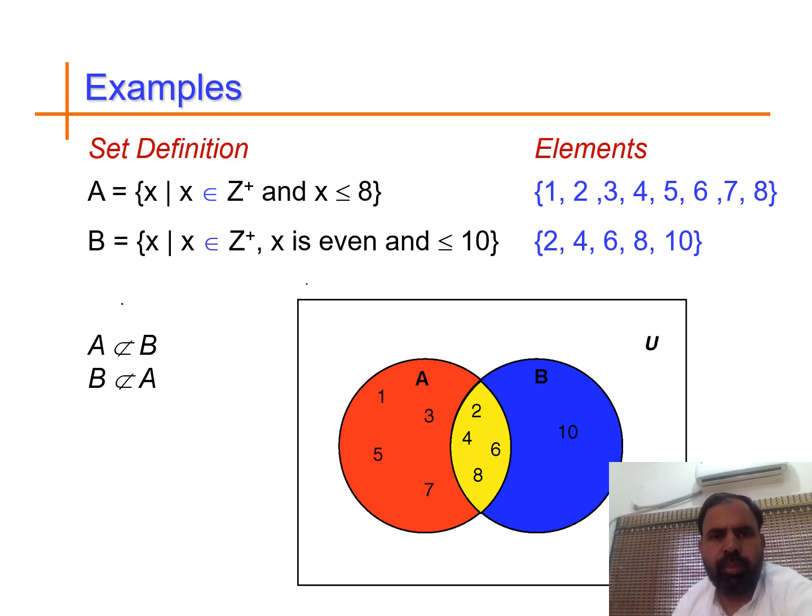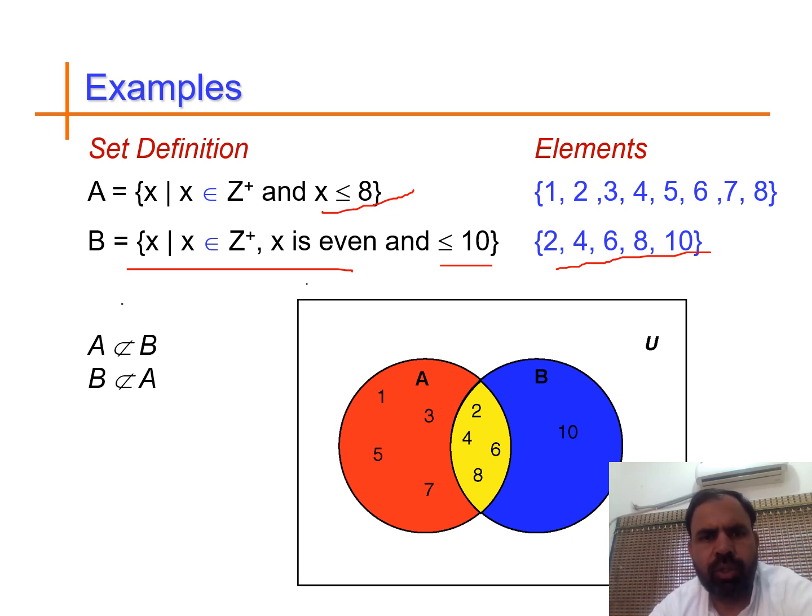Now here is the example. If A is a set of positive integers and x is less than or equal to 8, so these are 1, 2, 3, 4, 5, 6, 7, 8, and B is the set where x is even and less than or equal to 10. So these are 2, 4, 6, 8 and 10.